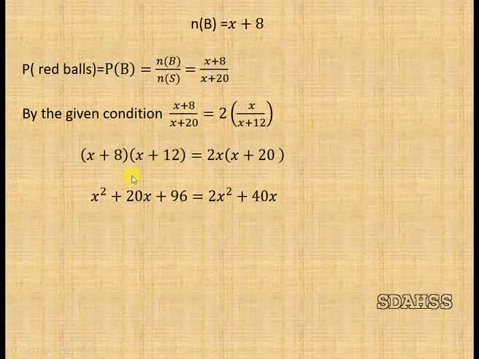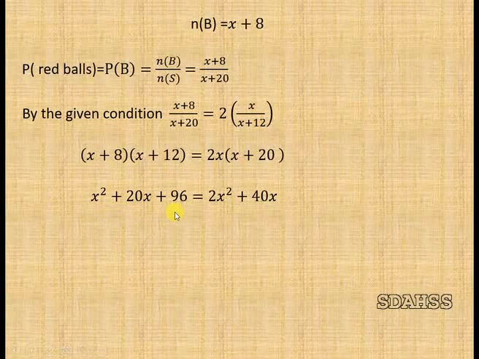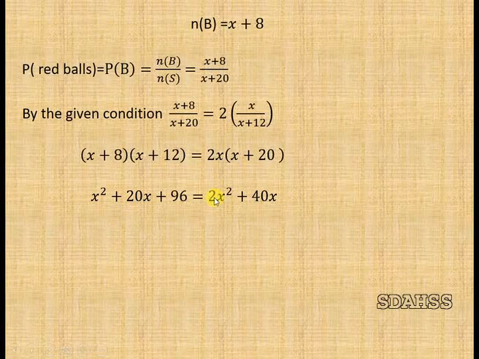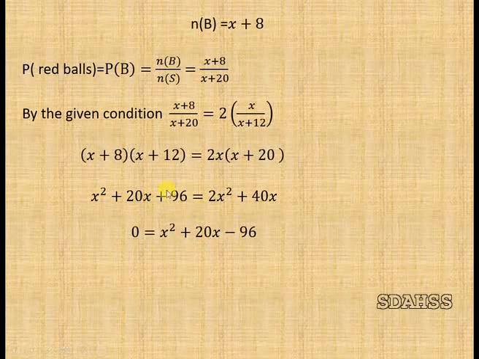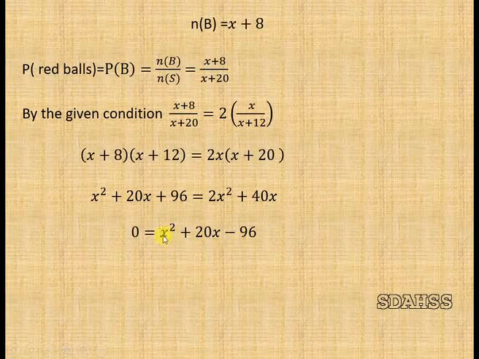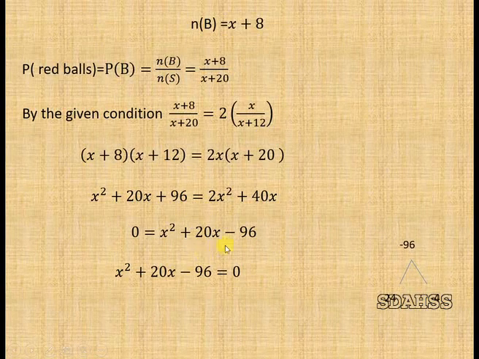Then on simplification you will get x square plus 20x plus 96 is equal to, multiplying 2x inside the bracket, 2x square plus 40x. Then on simplification you will get x square plus 20x minus 96 is equal to 0. Factorize here: sum is equal to 20 and the product is minus 96.